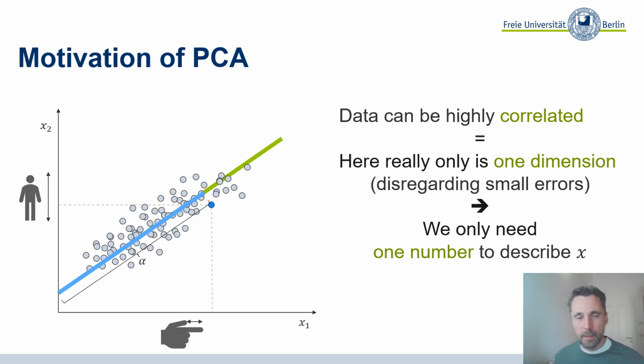Yeah? And so a small person with a short finger then obviously has a smaller number, alpha here.